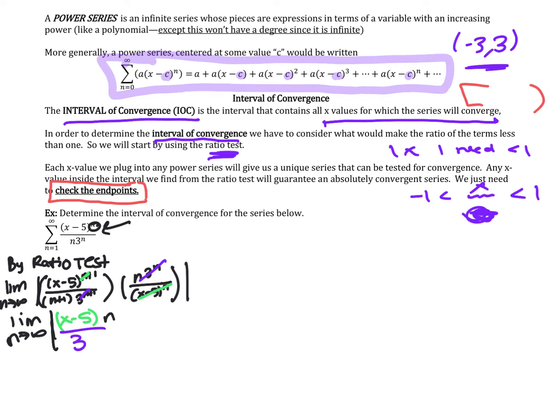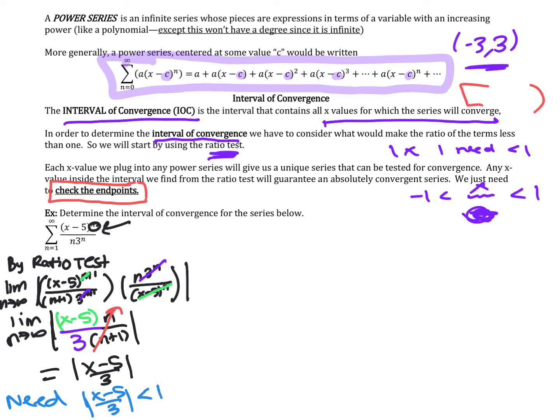And then in the numerator we have an n, and in the denominator we have an n plus 1. So the absolute value of that, as n goes to infinity, these two n values are changing at the same rate, so we are just going to be left with the absolute value of x minus 5 over 3. And what we need for our interval of convergence is for this to be less than 1.